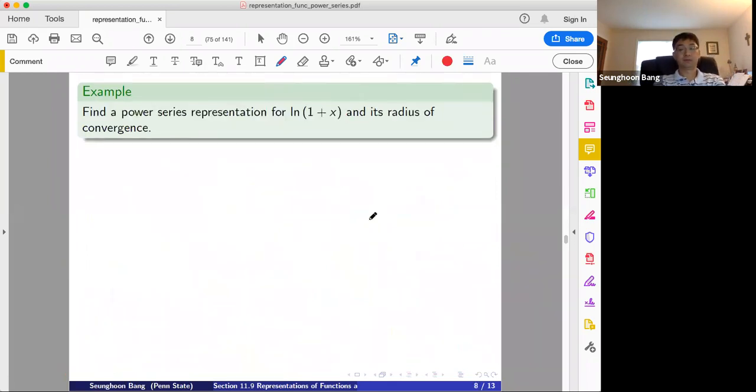Here, find a power series representation for ln of 1 plus x and its radius of convergence. How can you find this kind of thing?